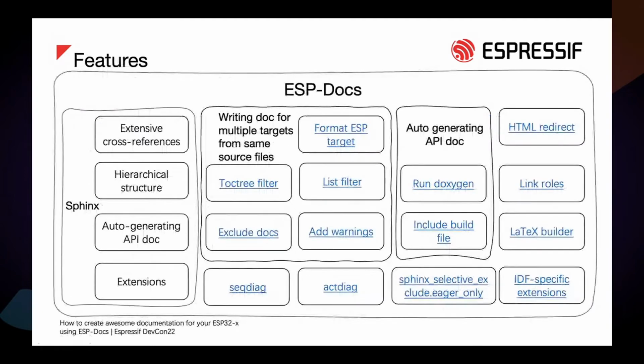The diagram shows some key features or extensions of ESP Docs. Besides the functionality provided by Sphinx here, with ESP Docs, you can also write documentation for multiple targets from the same source files with these 5 extensions. And you can also automatically generate API documentation with the 2 extensions Run Doxygen and Include Build.